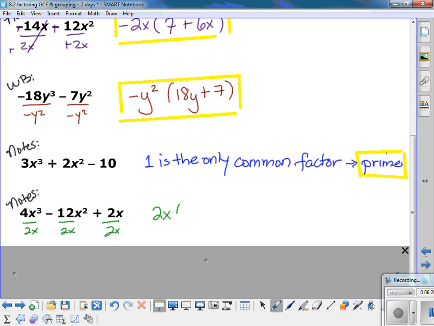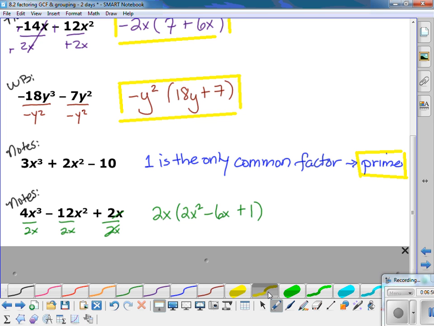Alright, so when I divide all of those by 2x, I have 2x squared minus 6x. And what's going to happen if I have 2x divided by 2x? Everything cancels out. It is equal to 1.